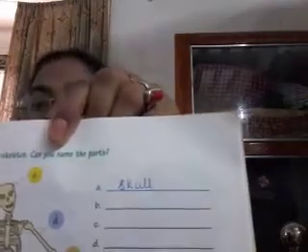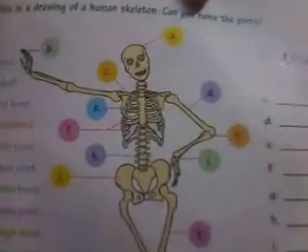Fine, so let us do it together. The first one, A, will be skull. S-K-U-L-L, skull. Write it like this. Clear? A is skull. Then see number B. Here number B we can find this portion, fingers. Which part is this? Let us check here.